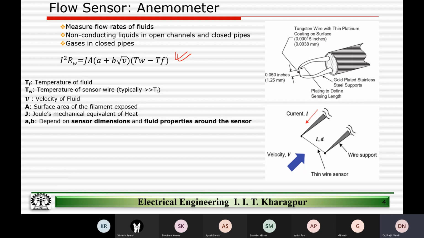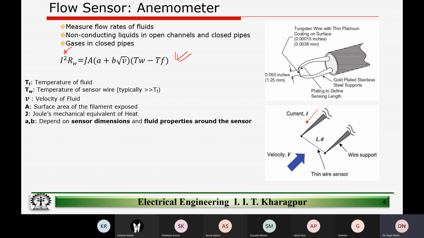But what I do expect all of you to understand is, when we write an equation, what are the dependent variables and what are the independent variables. Independent variables are what I will have control on. So I, in this case, is an independent variable.